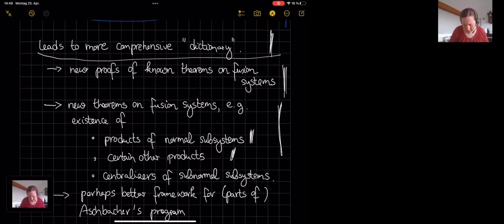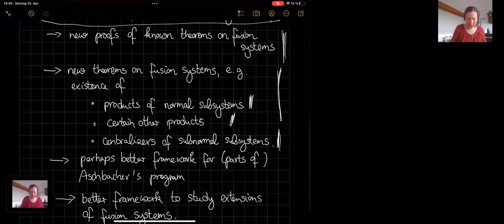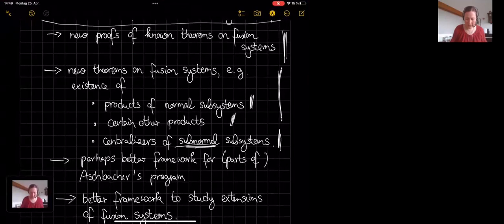We also can define certain other products, which are more technical to describe. And I can also define centralizers of subnormal subsystems. I said before we can define centralizers of normal subsystems, this was due to Aschbacher, but now I can also define centralizers of subnormal subsystems.